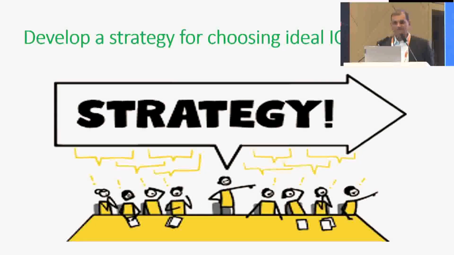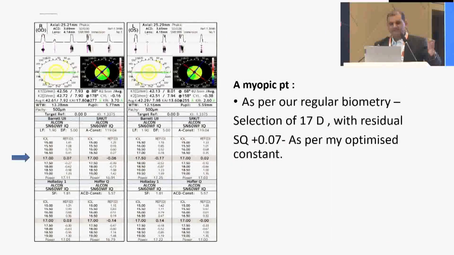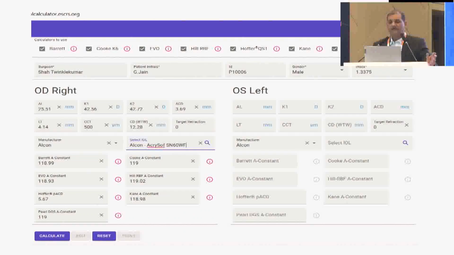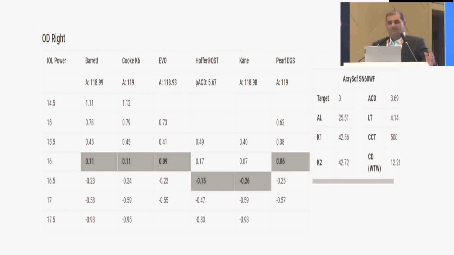Till now we were considering each and every formula to be calculated separately, and optimizing it. Like this patient, suppose the patient is myopic, and I have selected a 17 diopter lens. The spherical equivalent is plus 0.707. Now because we have a calculator, we can calculate many formulas at a time. Put in this data and you will get the results.